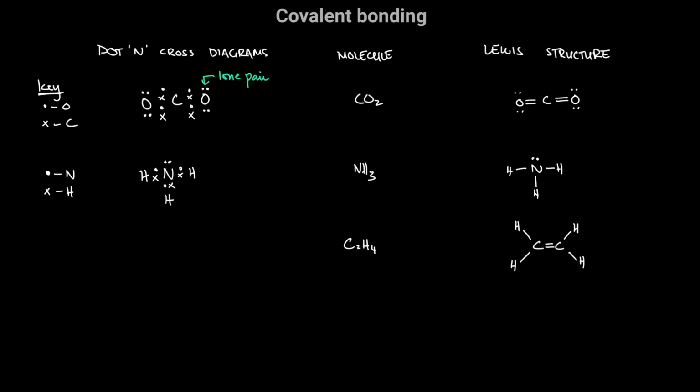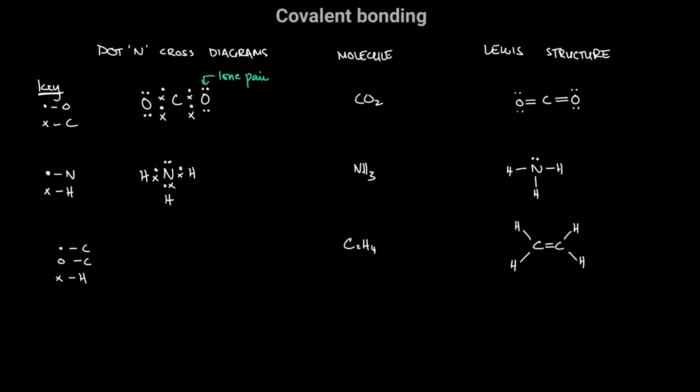So if you look at the dot and cross diagram for this, we have 2 different carbon atoms, right? So just to highlight this, we'll use one type of dot for one carbon atom, and the other type of dot for the other carbon atom. They're both representing electrons from carbon, and then the X represents the electron from the hydrogen.